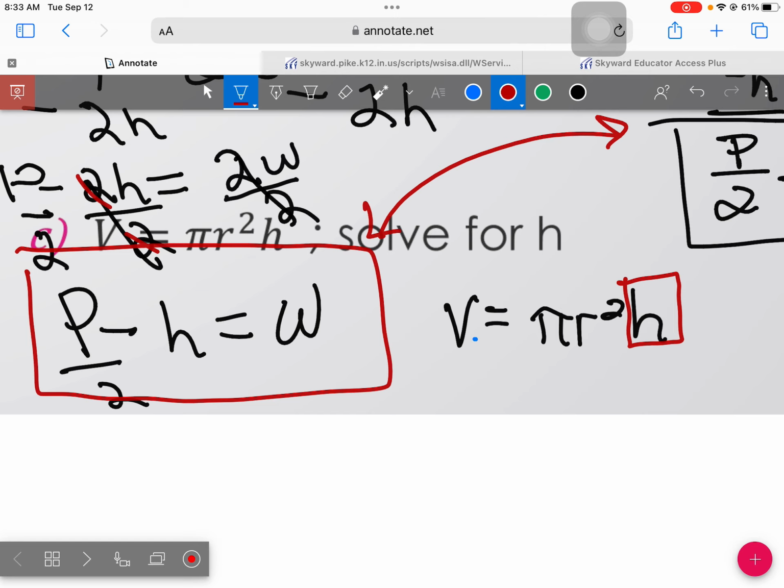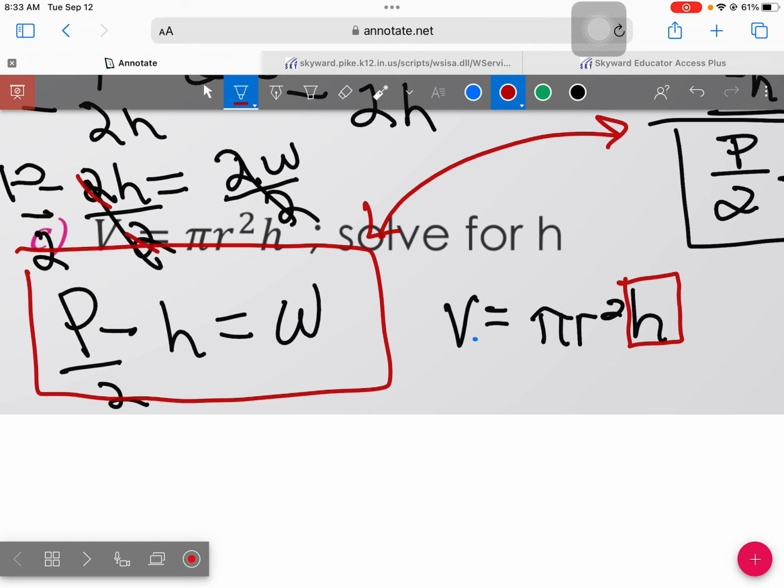Pi r squared, whatever you do to one side, you have to do to the other. Why did you divide all of those at the same time? Yeah, well, they can be together and they're all just being multiplied. So you just simplify by dividing them all out.